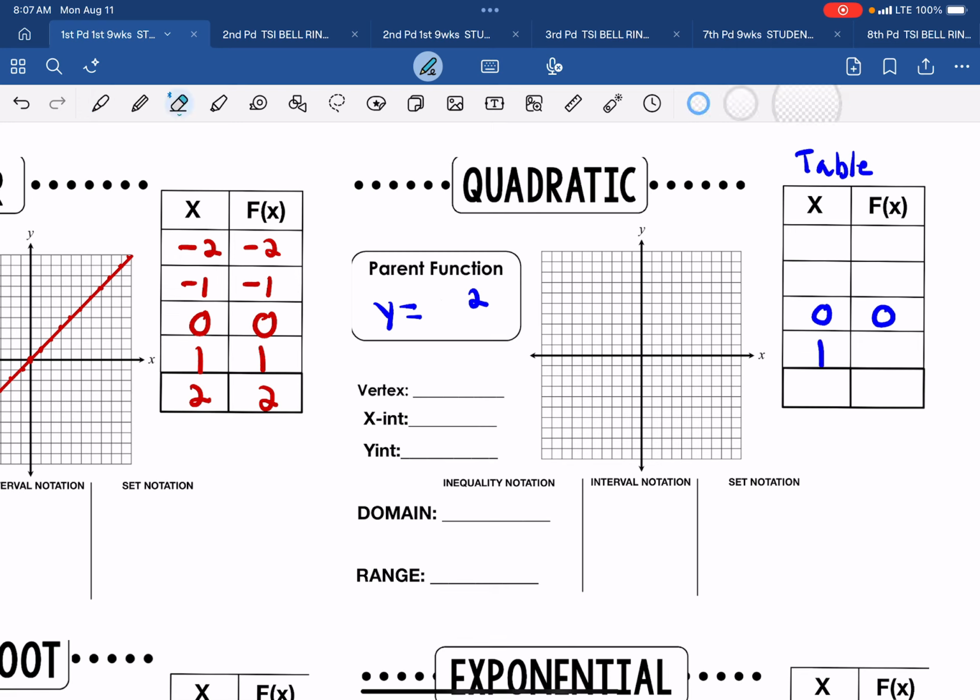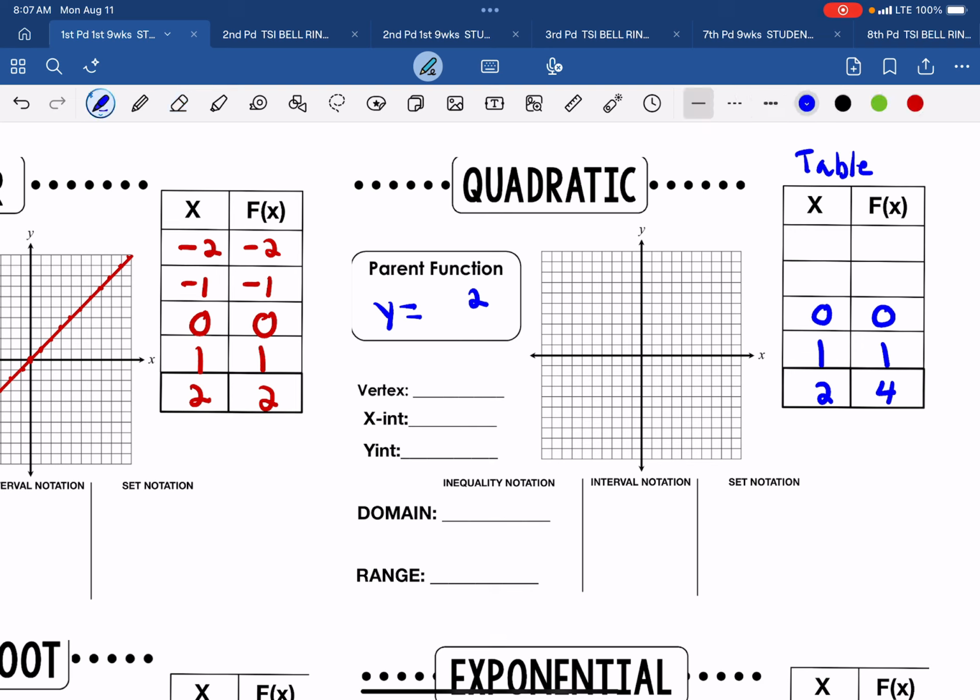That means I'm going to replace x with 1. And what's 1 squared? 1. Now I'm going to replace x with, what's the next easiest number? 2. What's 2 squared? Well, 2 squared means 2 times 2. That's 4.